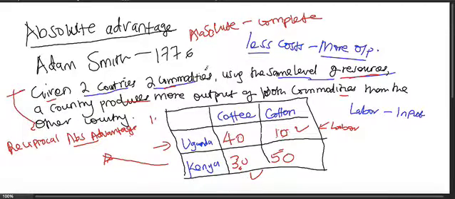If I'm completely better than you, I'm absolutely better than you. So that means Adam Smith was trying to tell us to look at, if you're a country, what commodity do you have complete advantage in production over the other country? Produce that commodity, and definitely you'll have more gains from international trade.